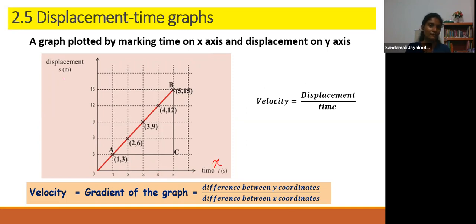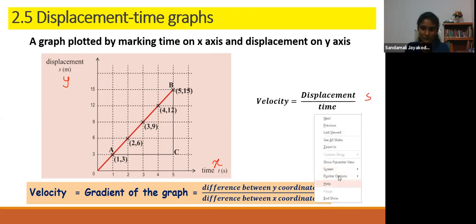And on the y-axis, we can see the displacement is marked, 3, 6, 9, 12, 15 meters. Meters and seconds. We know this from the beginning because we have learned about the velocity.